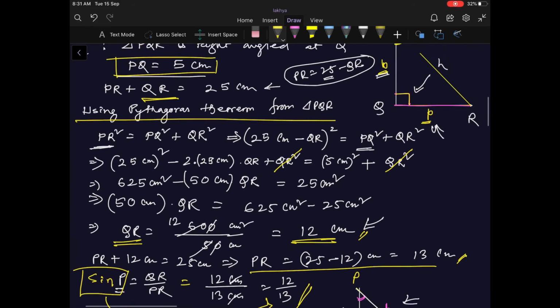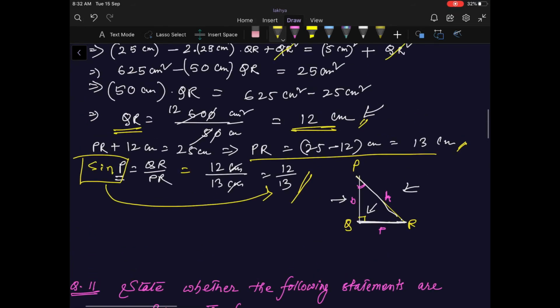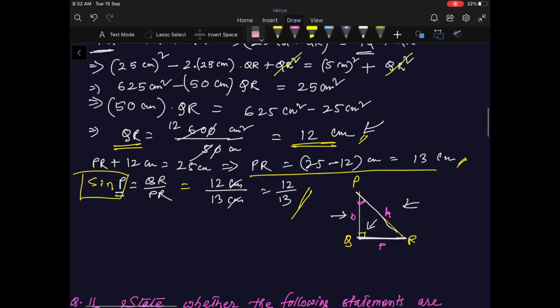Now let's find the next, cos P. Cos P means base by hypotenuse. Base is PQ with respect to P, and hypotenuse is PR.